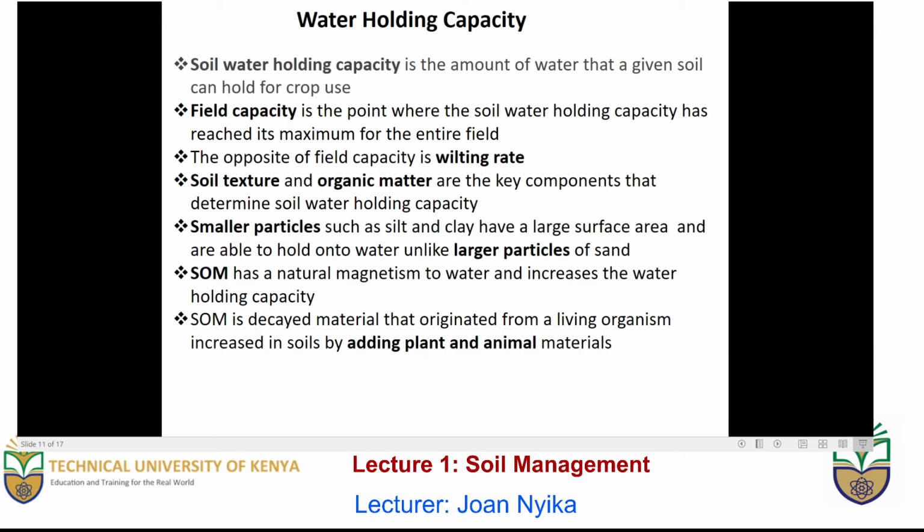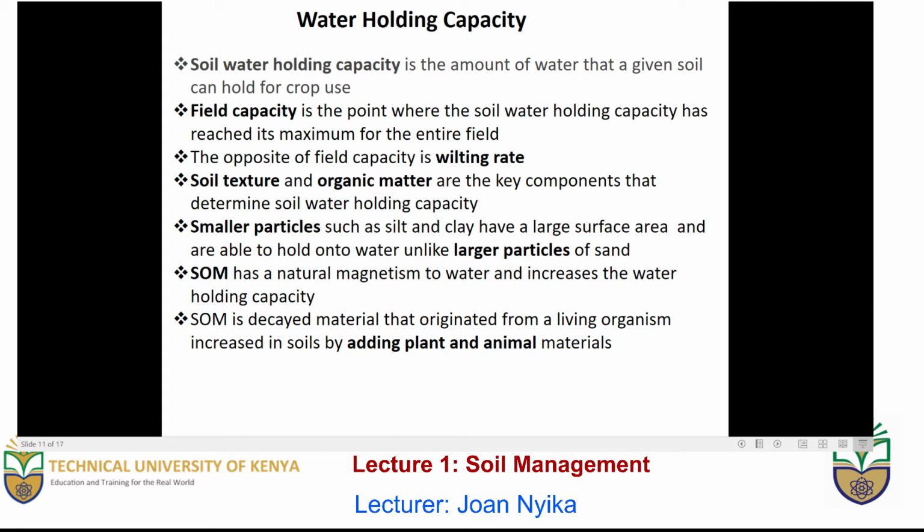The other aspect we will look at is the water holding capacity. What is the water holding capacity? It is the amount of water that a given soil can take for use by the crops to grow. Usually, it is measured in terms of field capacity.